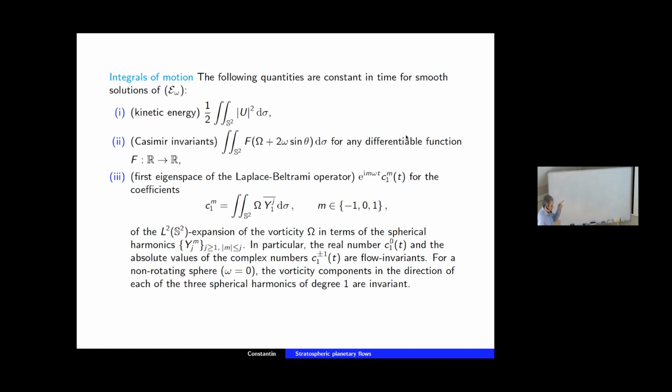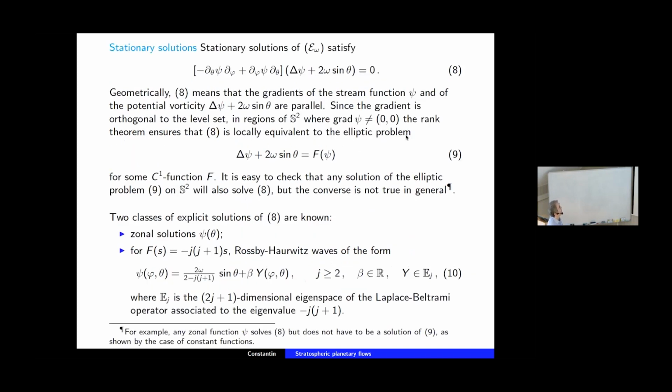So already at the level of invariance, there is a subtle influence of the rotation. Now we look for stationary solutions, so no time dependence. This is what the vorticity equation becomes. You can interpret this geometrically: the gradient of the stream function and of the potential vorticity are parallel. This should be vorticity, and because of rotation, you add this term, which is then called potential vorticity.